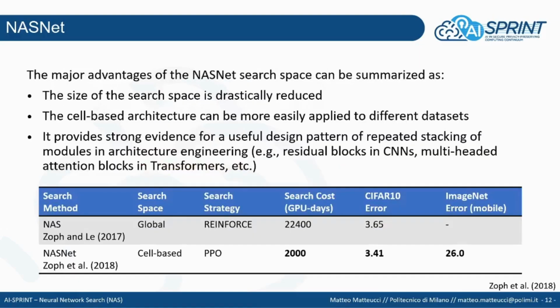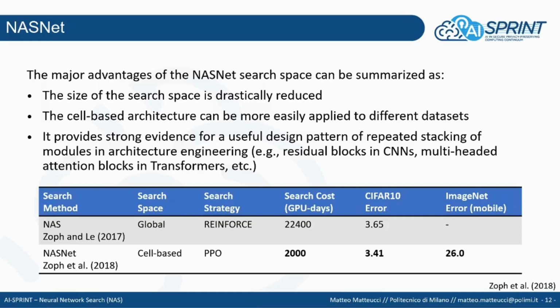What is the advantage of NASNet? Since you don't have to generate the entire network, but you just generate one cell and repeat it multiple times, the search space is quite reduced. It means that you can speed up the training. This is an example.